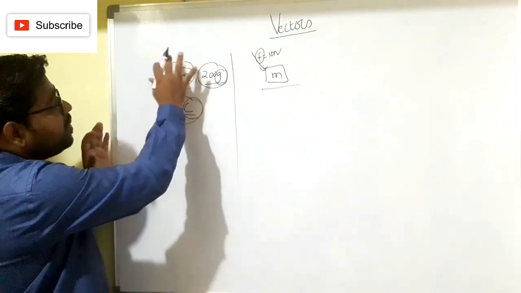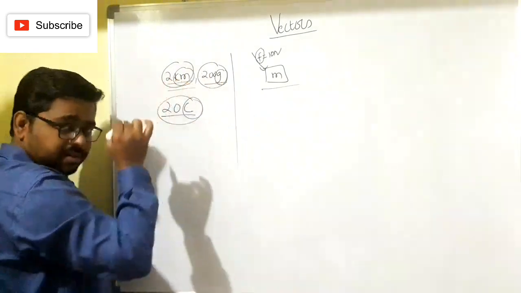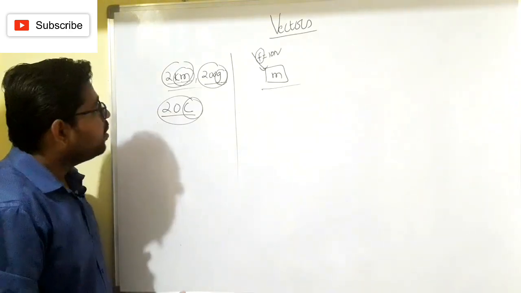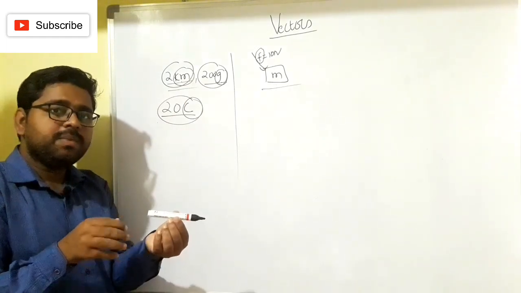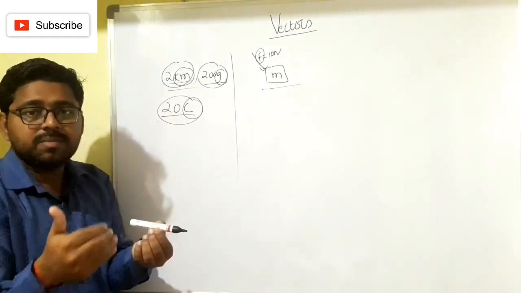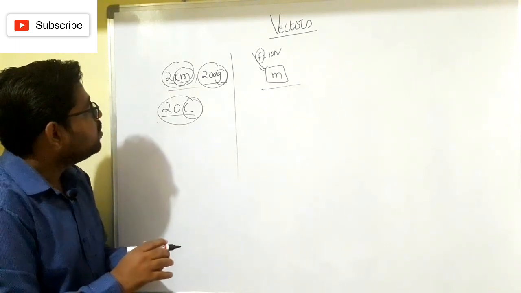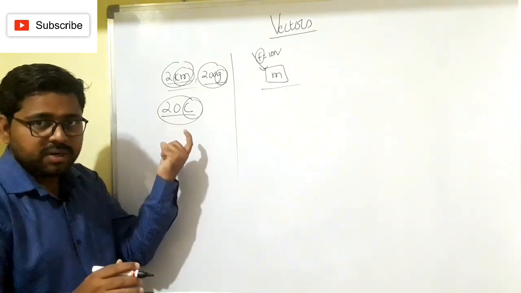But charge, mass and distance do not need a specific direction. If we say this pen has 200 gram in the east direction or west direction, that is not a proper meaning. Charge also doesn't have a particular direction.